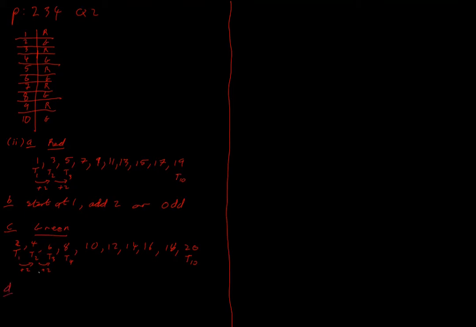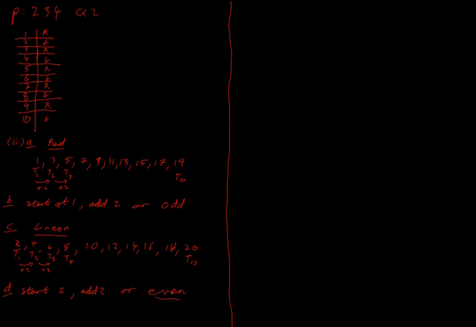Let's see if that helps us in the next part. What do you notice about these numbers? So we could say, and this is going to be important for later on in the chapter, we're starting at 2 and we add 2 each time. Or we could say that these are even numbers.